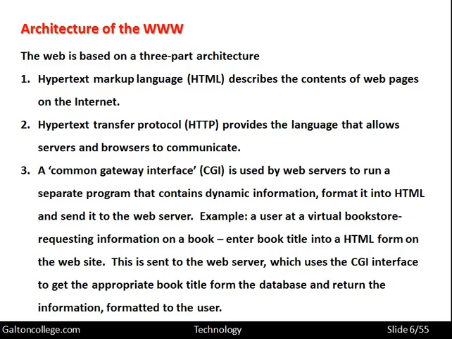So on the one hand, we have the users who fill out a form simply on their web browser using HTML. The form is transferred to the server using the Hypertext Transfer Protocol, and when it gets there, it's interpreted by the Common Gateway Interface, by the CGI script, which then retrieves the information perhaps from a database and sends it back formatted to the browser.